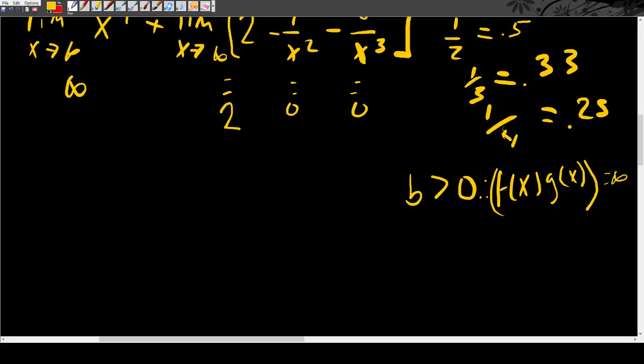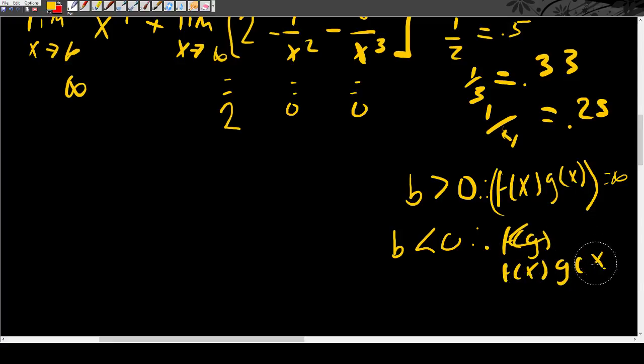If it's less than 0, f of g of x equals negative infinity. Basic, everybody's heard of this. No one even cares about these stupid formulas that don't mean anything.